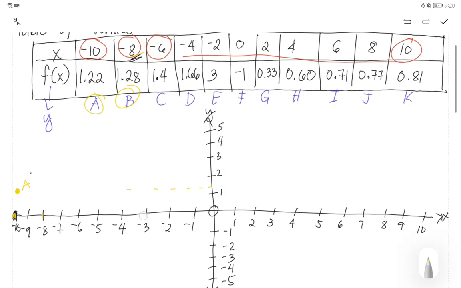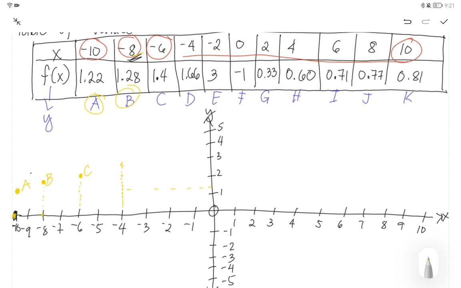Negative 8 is here, and 1.28 is marked here. So this is B. And for C, we have negative 6 and 1.4. Then D is negative 4 and 1.66.